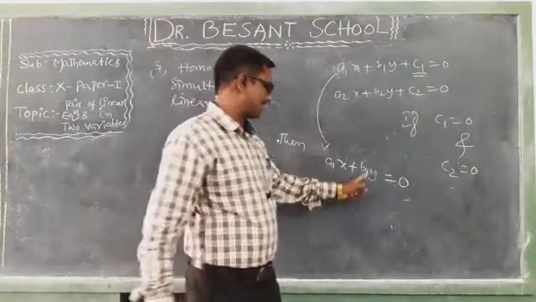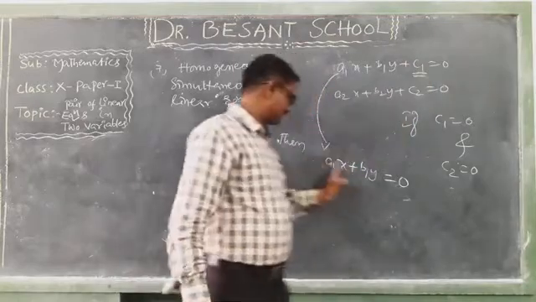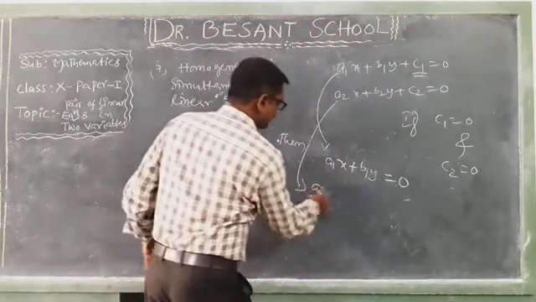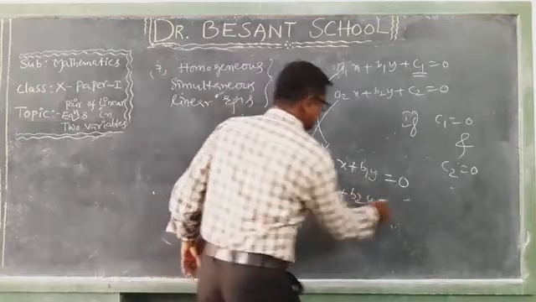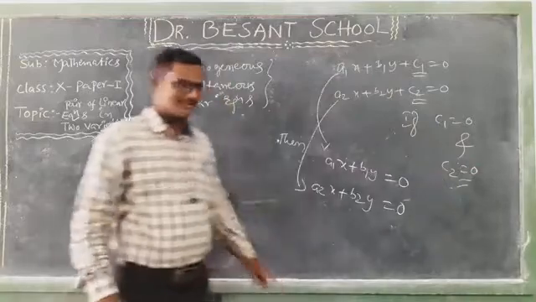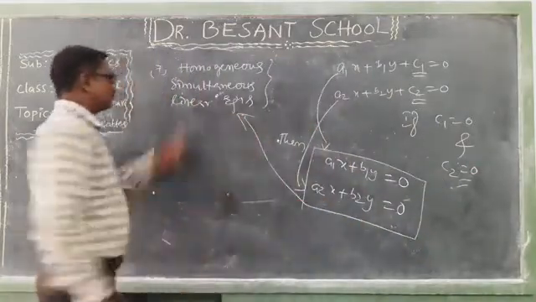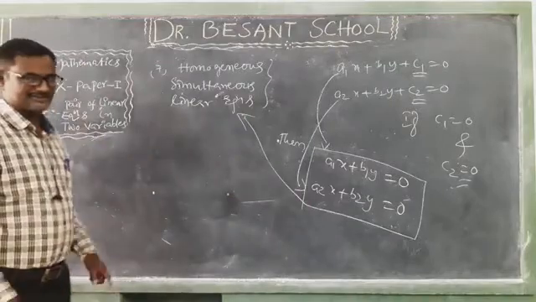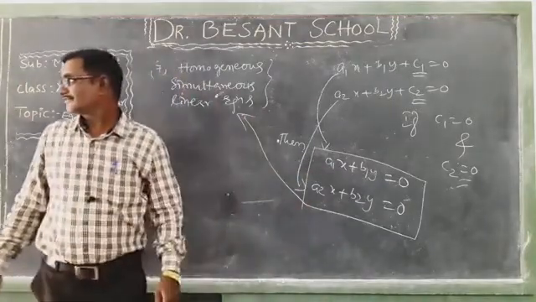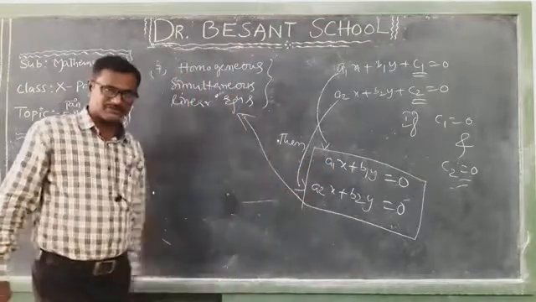So simply you get a1x plus b1y equal to 0. Again it becomes a2x plus b2y is equal to 0, because c2 is equal to 0. Now this pair is called homogeneous simultaneous linear equations in two variables.